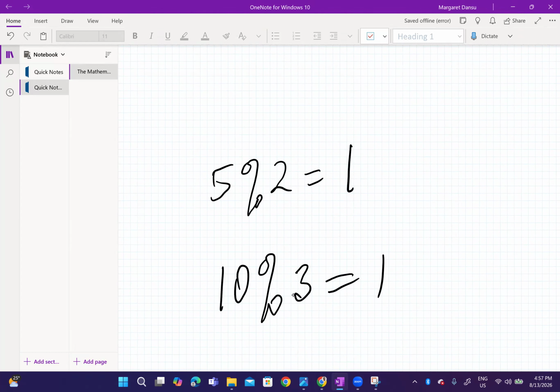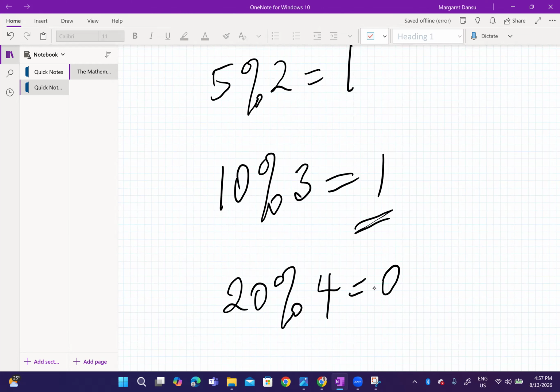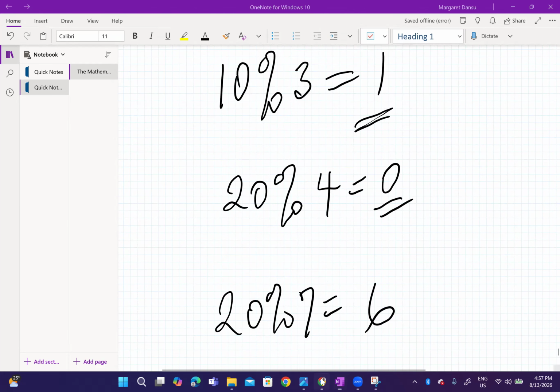So the remainder is what you have left. Say 20 modulo 4 is 0, because 4 goes in 5 times and nothing is remaining. If you have 22 modulo 7, for instance, 7 goes in three times. That's 21 and the remainder is 1. That's the idea of modulo, to get the leftover.